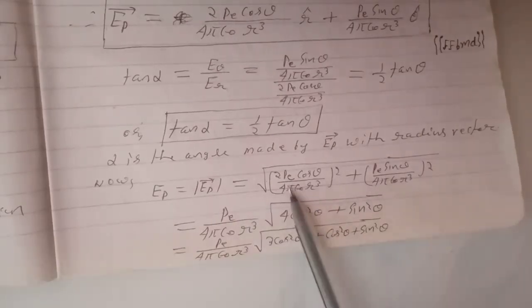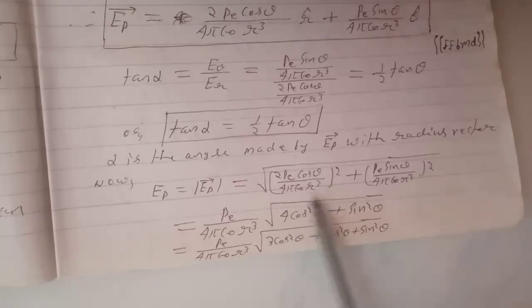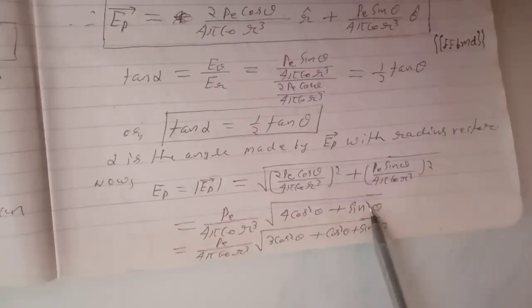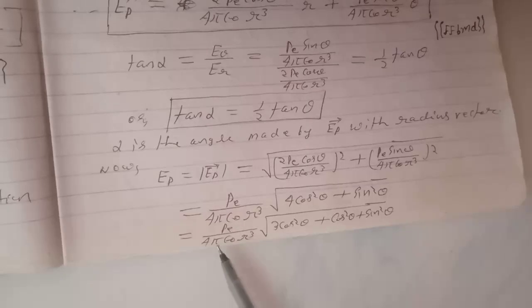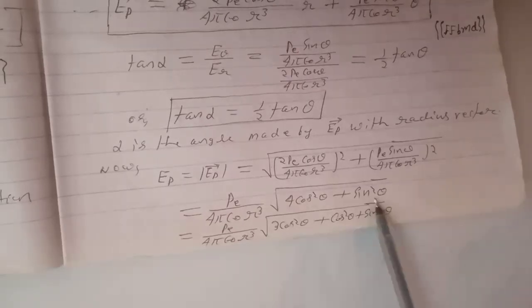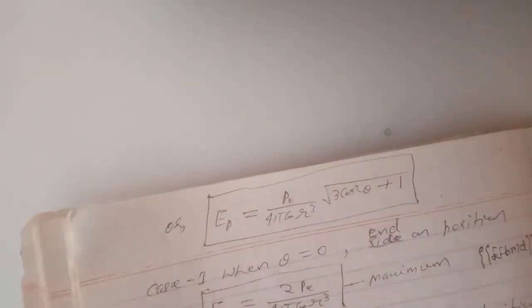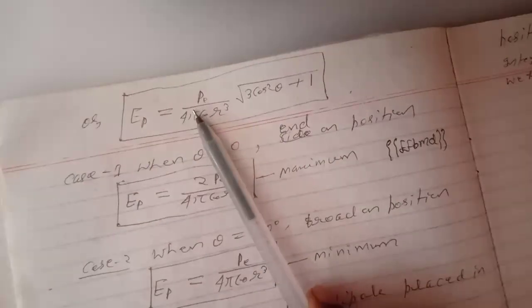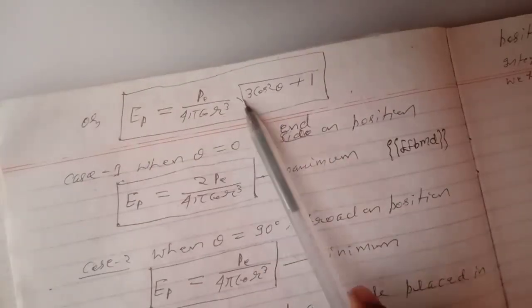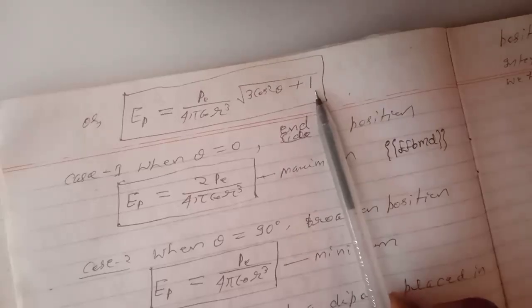So taking p by 4πε₀ r cube common, under root 4 cos squared θ plus sin squared θ, or equals p by 4πε₀ r cube under root 3 cos squared θ plus cos squared θ plus sin squared θ, and this will be 1. So we have the magnitude of E_p equals p by 4πε₀ r cube under root 3 cos squared θ plus 1.